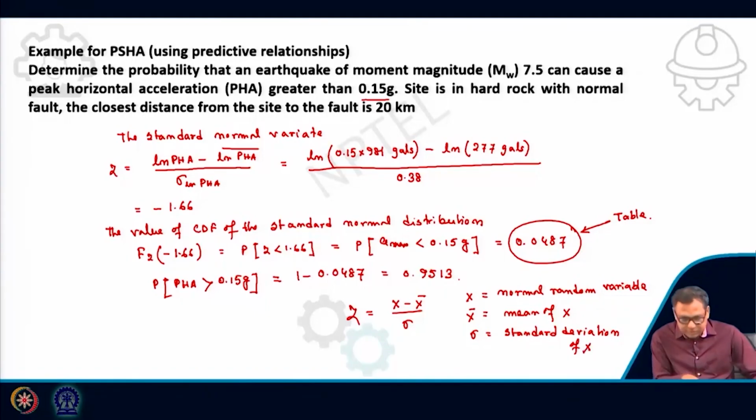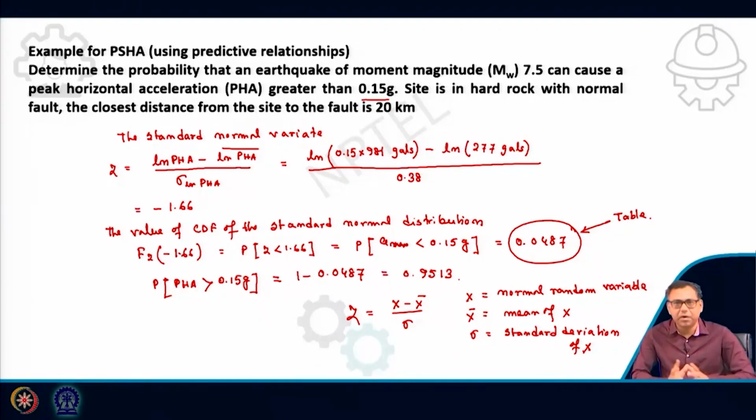Okay, so that means the probability of horizontal acceleration greater than 0.15 G is 0.9513, and less than 0.15 G, obviously it will be 0.0487. So this way we can use the attenuation or the predictive relationships that are given.